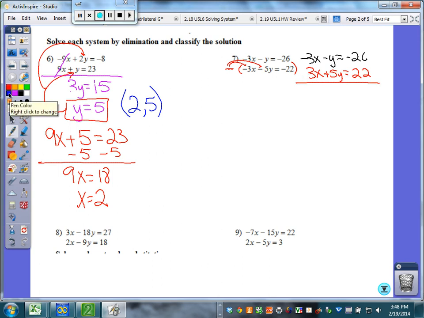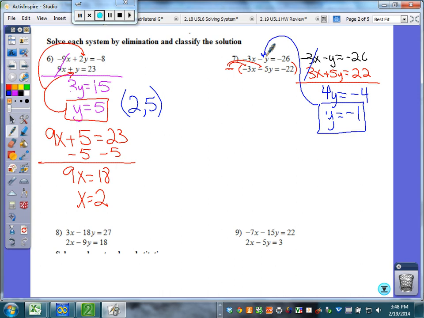Now we add them together, we can eliminate the x's. Negative y plus 5y is 4y equals negative 4, so y equals negative 1. Now again, take that y value and plug it back into one of the other equations. We'll take the first one: negative 3x minus what y is equal to, which is negative 1, equals negative 26.